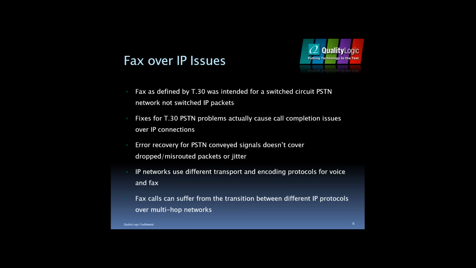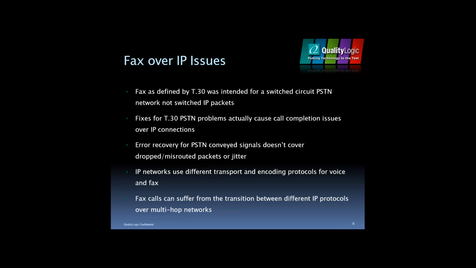But when you take those signals and go to put them into data frames and send them over IP connections, you come into a whole different set of problems. Because the internet has issues with things like misrouted packets, dropped packets, and jitter, where packets arrive at odd times. And fax is looking for this continuous stream of analog data.